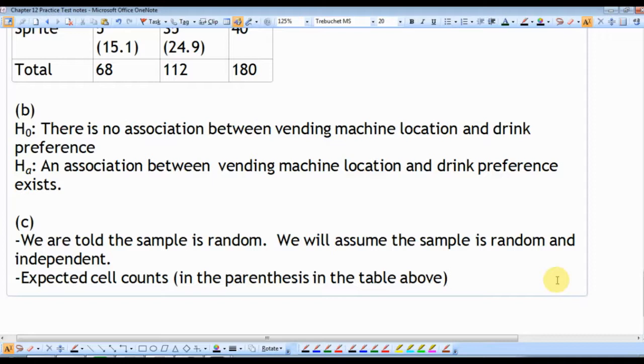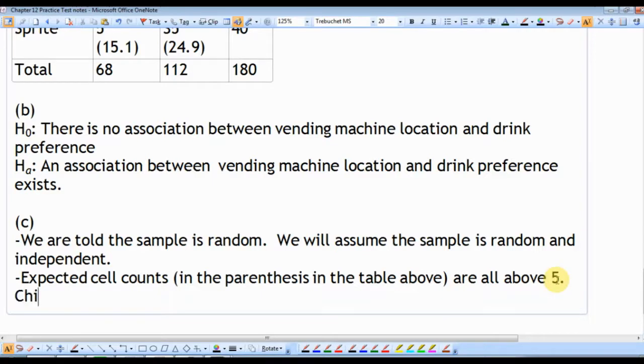You have to have them written down somewhere. You have to tell me where they are. I'm not going to do your work for you. In the parentheses are all above 5. And then, of course, chi-square procedures should be safe.